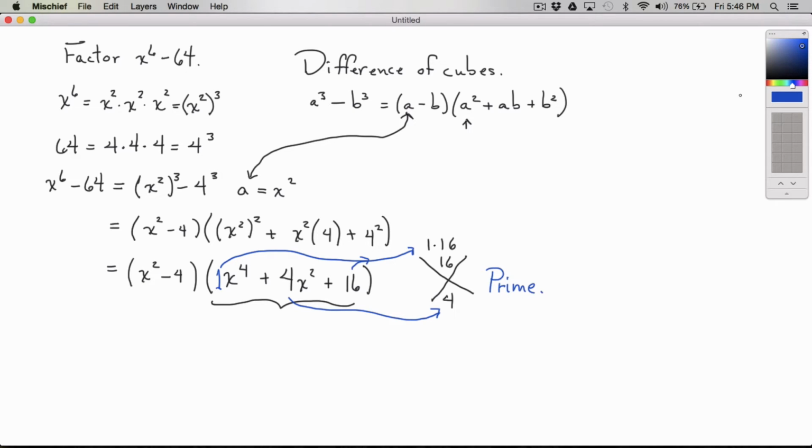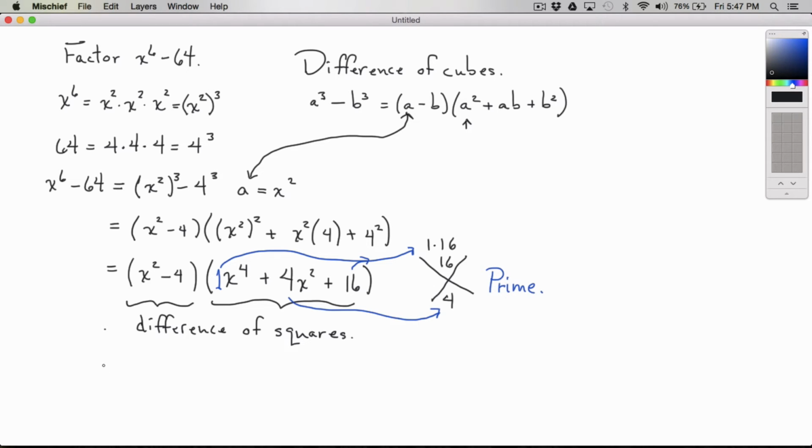Now, let's return back to what we have. Notice that this first factor is x squared minus 4. This is, in fact, a difference of squares. And this has a pattern that should be fairly familiar.